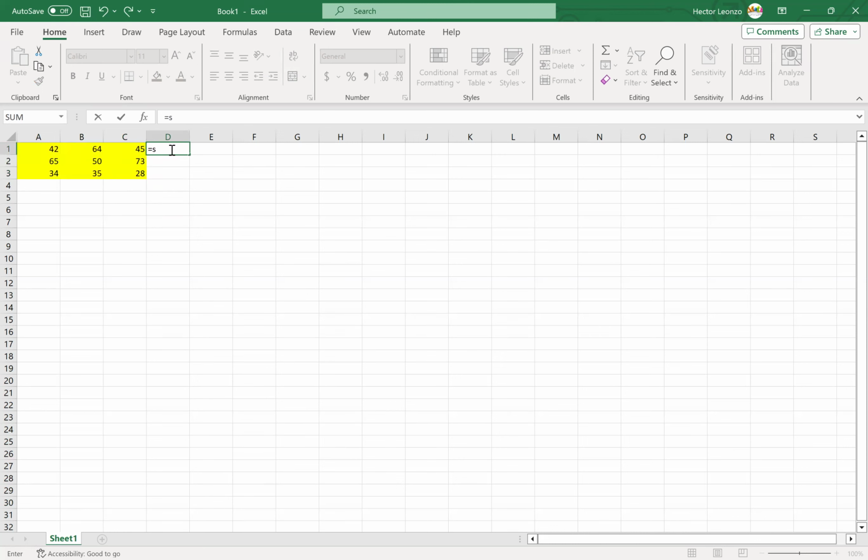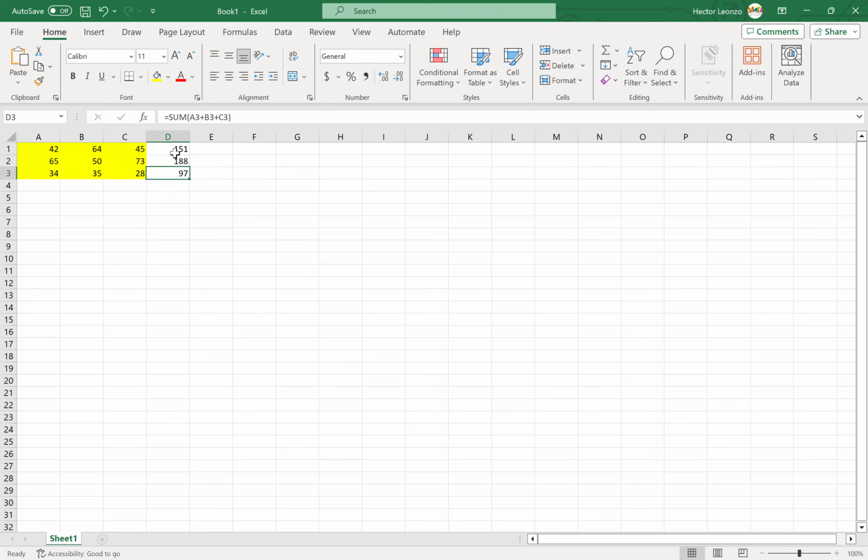I'm going to do sum, open parentheses, and I can click this one plus this one plus this square. Okay, so all of those are 151. Let me actually drag these. Excel knows that I'm adding each row, and then to double check, I double click this one and it adds this row.